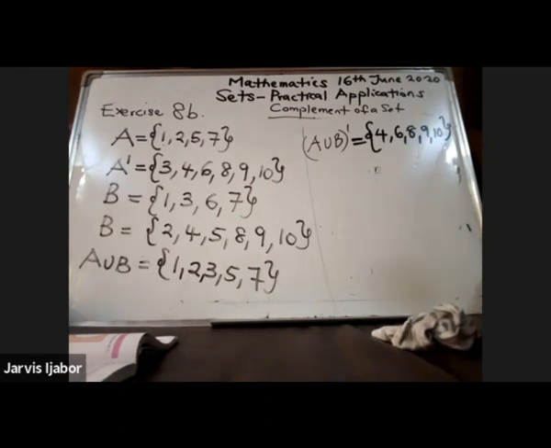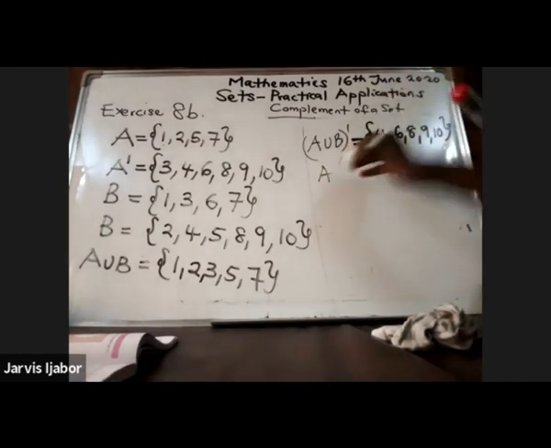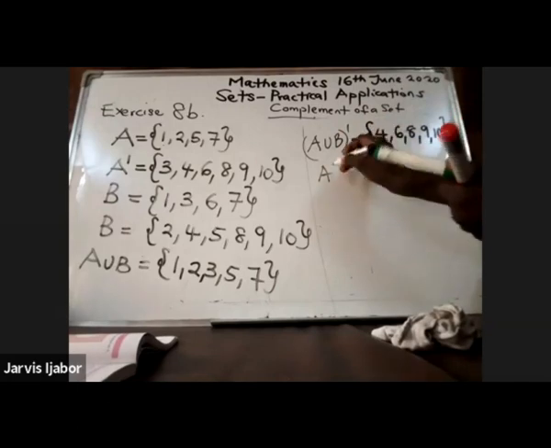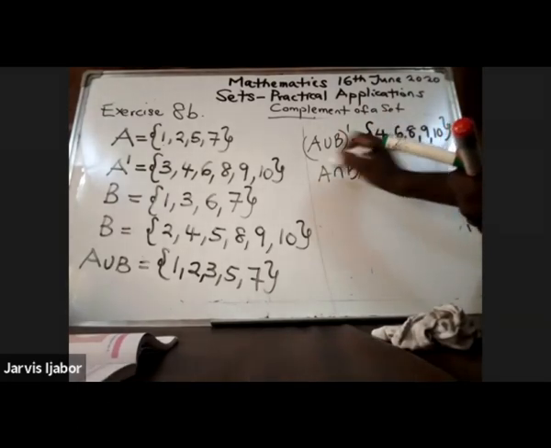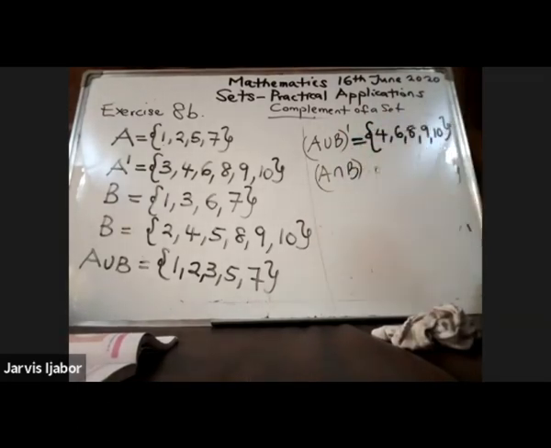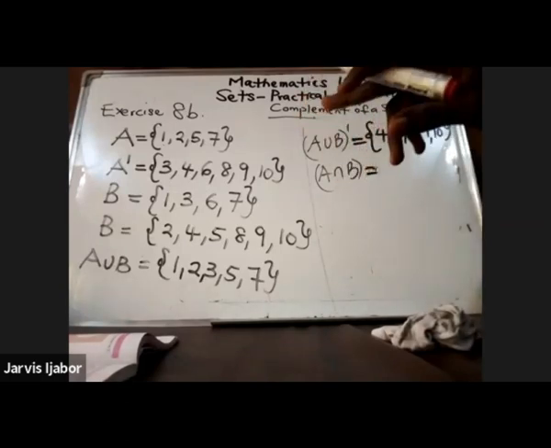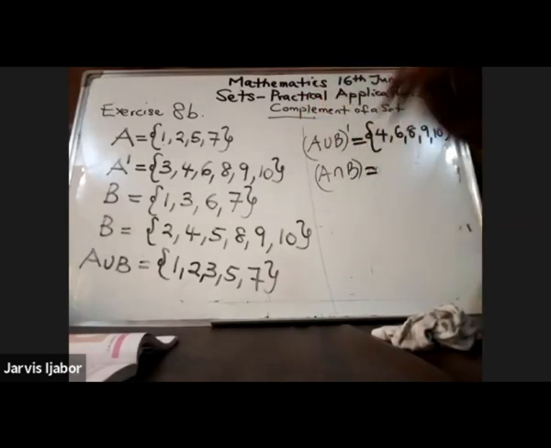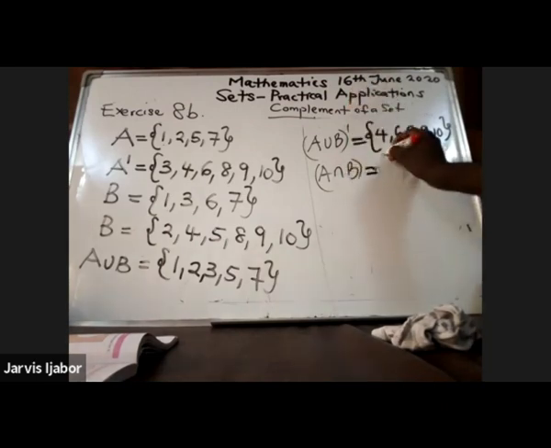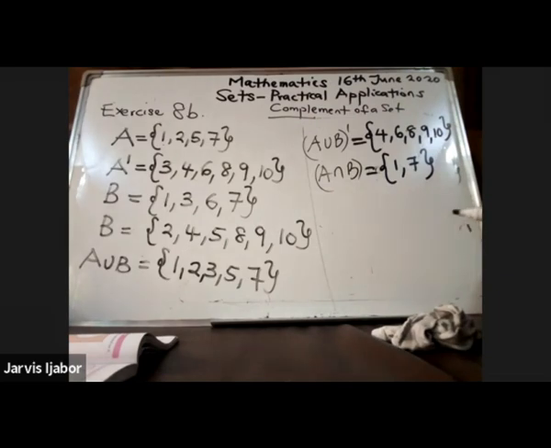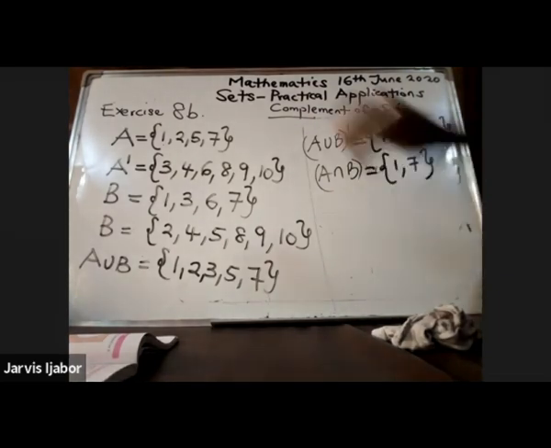So what's the next one you're going to look for? You look for A intersection B. What is A intersection B? We look for the elements that are common to A and B. If you check very well, the elements that are common to A and B are 1 and 7. You can double confirm these answers when you're doing your work.